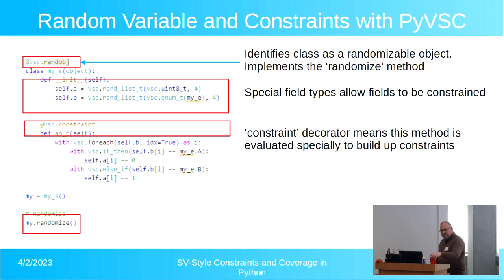And likewise for constraints, we have a decorator that marks this method, AB under C, as being a constraint. So when this class is evaluated, this method gets run once up front to build a set of constraint expressions. It doesn't get evaluated like a method.